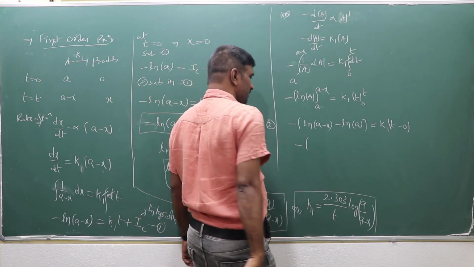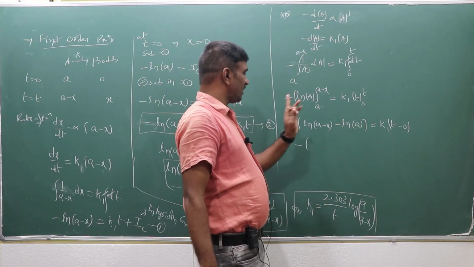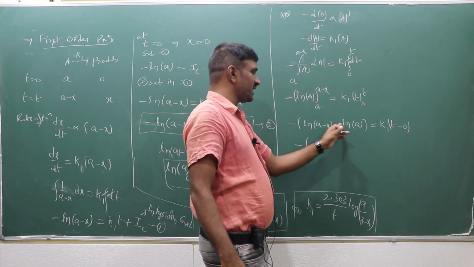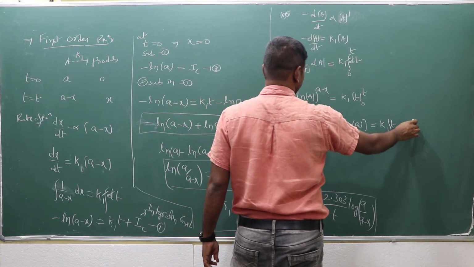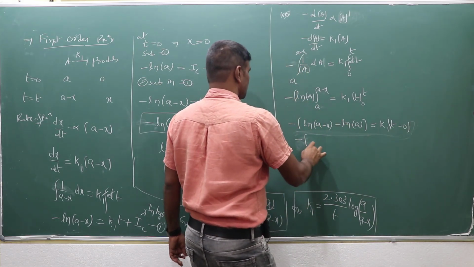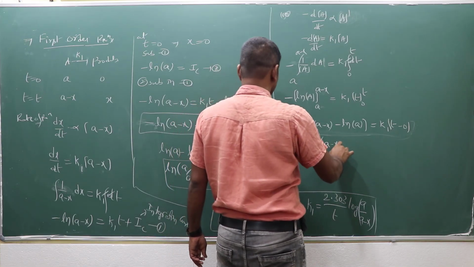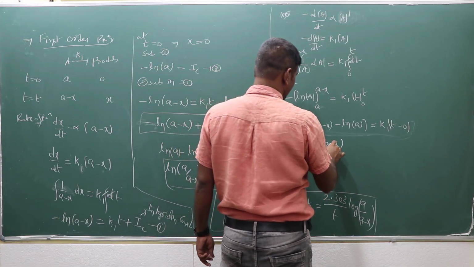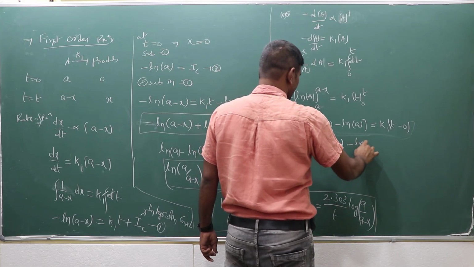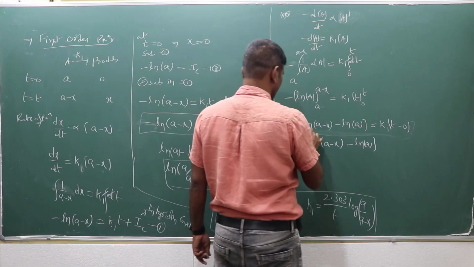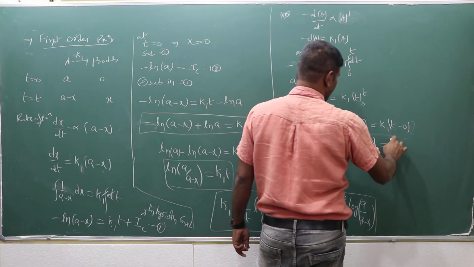From this we use ln A minus ln B, and minus into minus is plus. So this equation will be written as minus ln A minus x minus ln A is equal to k1 t.